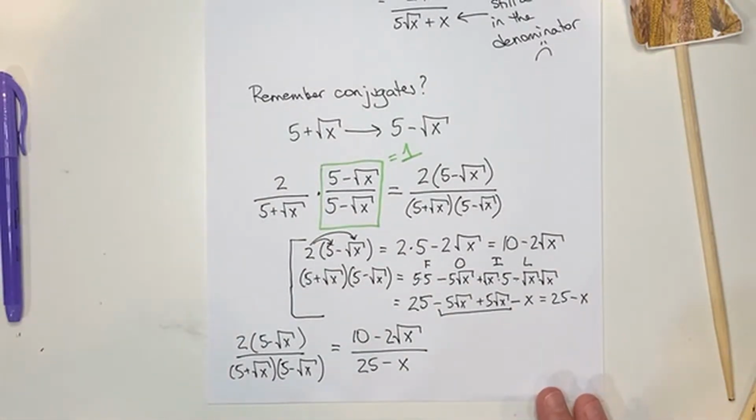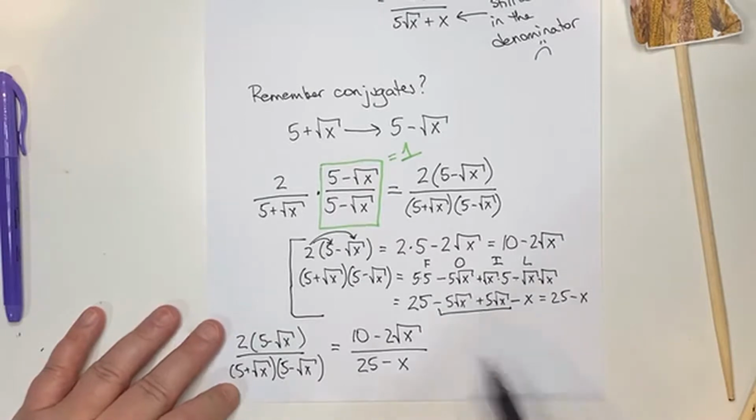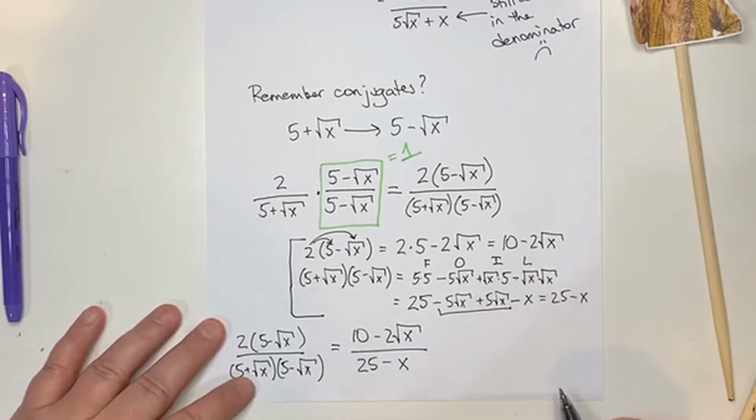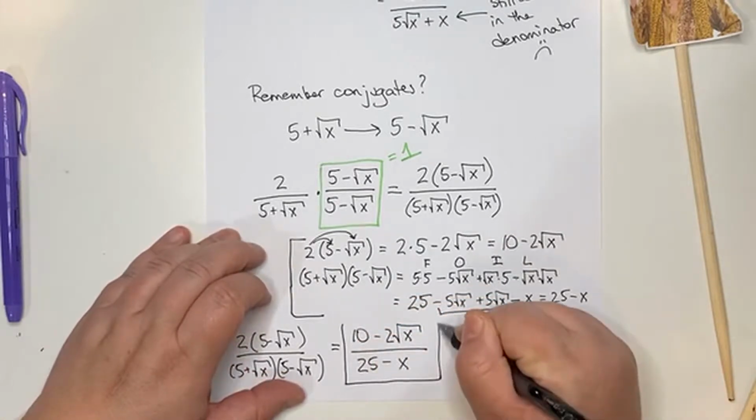Now, can you reduce this? Well, there is a common factor of 2 in the numerator. You could factor that, but you can't cancel it. There are no factors of 2 in the denominator. So I'm not going to even factor it out because I can't use it. I can't reduce it. So this is our final form.